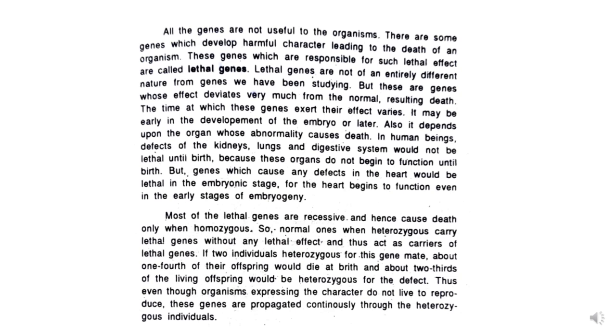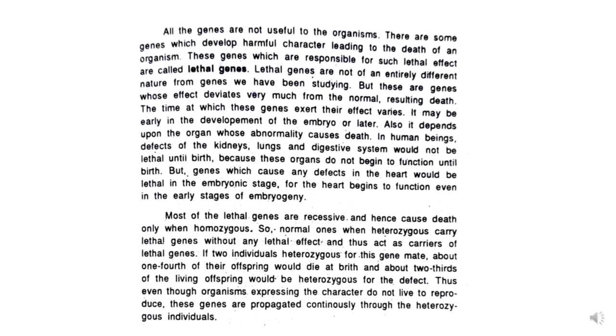So lethal genes are not of an entirely different nature from the genes we have been studying, but these are the genes whose effect deviates very much from the normal, resulting in death. Now, the time at which these genes exert their effect varies.